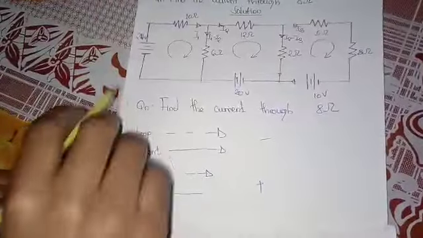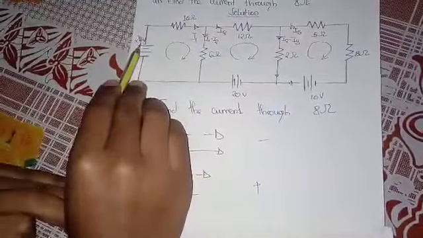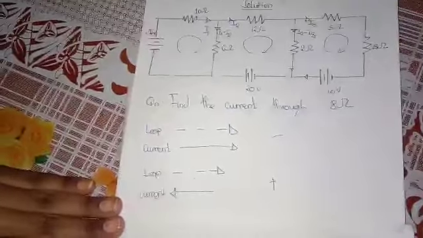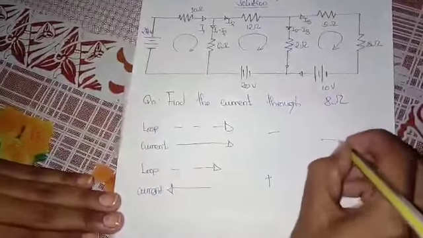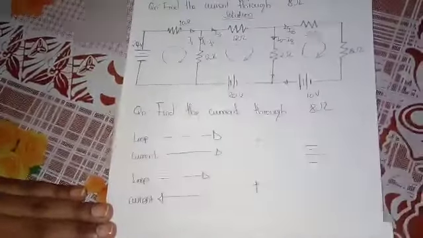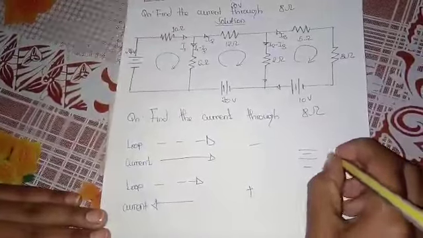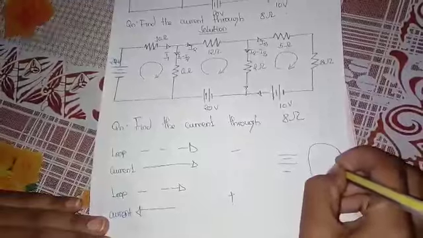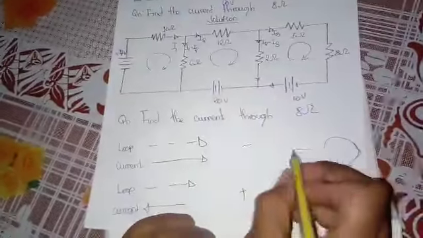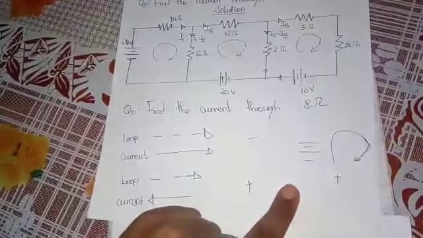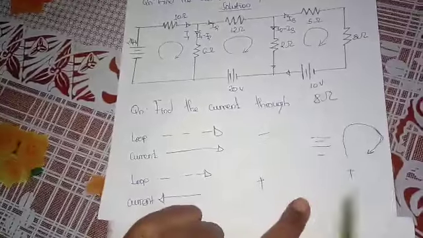The second thing which we need to know before going down to the equations is the sign of the voltage or the source. The sign of the voltage or the source will depend on the loop direction. For example, this is our source, and the loop direction is this. It means the sign which we'll be using will be positive.